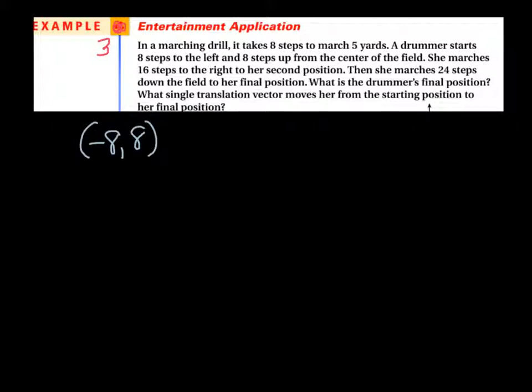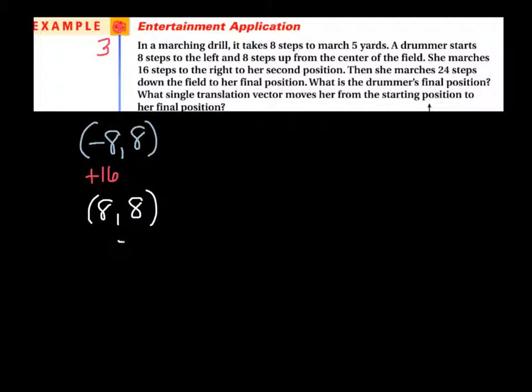Since she starts 8 steps left and 8 steps up, her position would be the ordered pair -8, 8. She then has to move 16 steps to the right. Well, 16 steps to the right means that you're going to add 16 to the x value, since that's a horizontal change. So her new ordered pair would be 8, 8. She then moves down the field 24 steps.